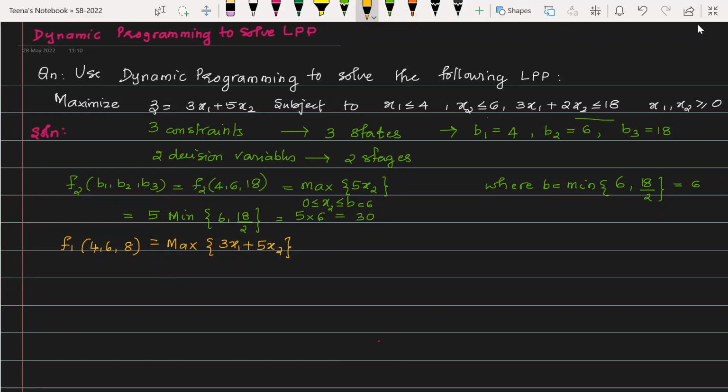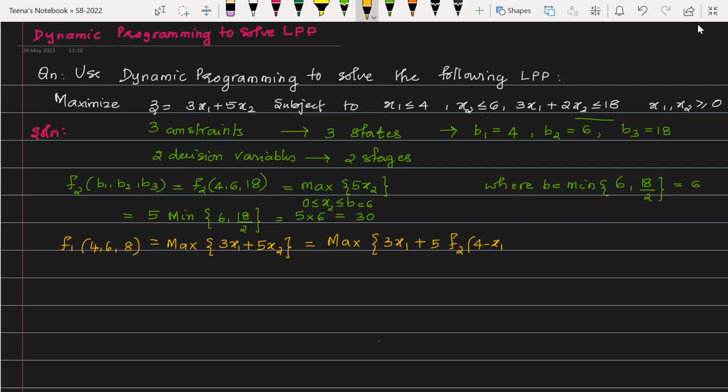Now, f1 4 6 8 is maximum of 3x1 plus 5x2, and this is equal to the maximum of 3x1 plus, let us write it as a recursive equation, 5 into f2 of 4 minus x1.